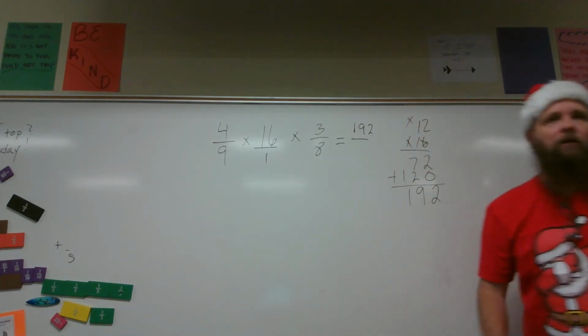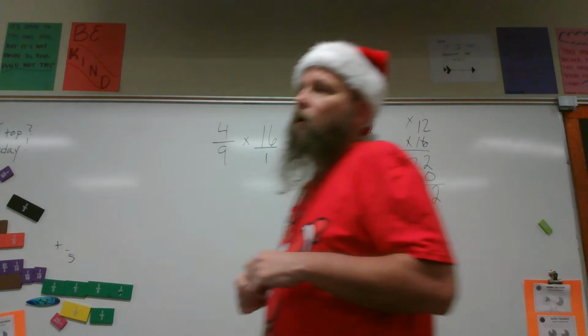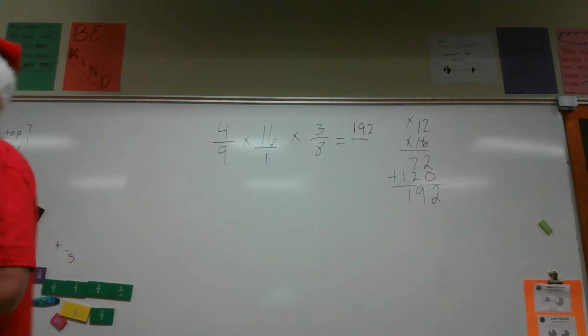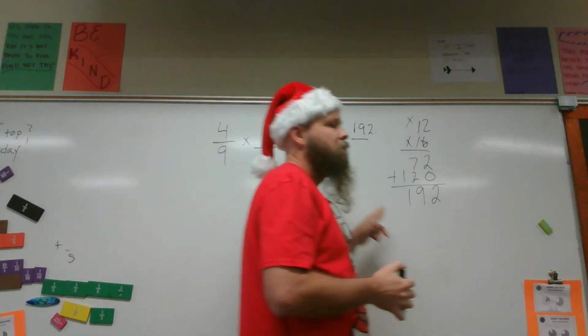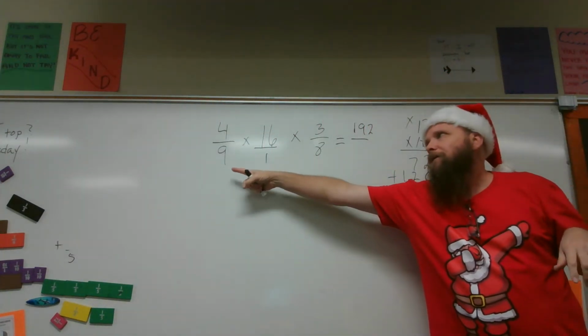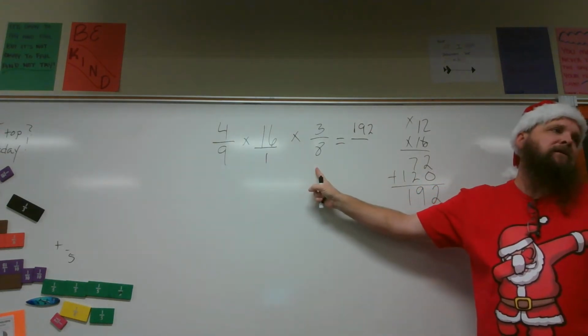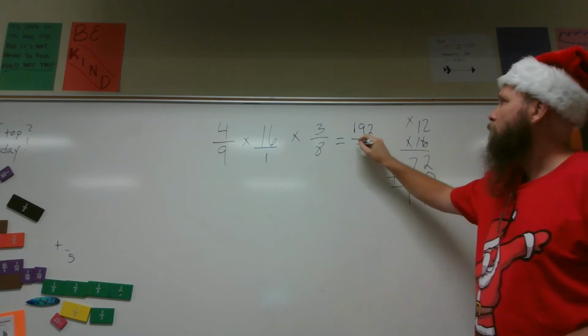And then our denominator: 9 times 8 is 72, times 1, so just 72.